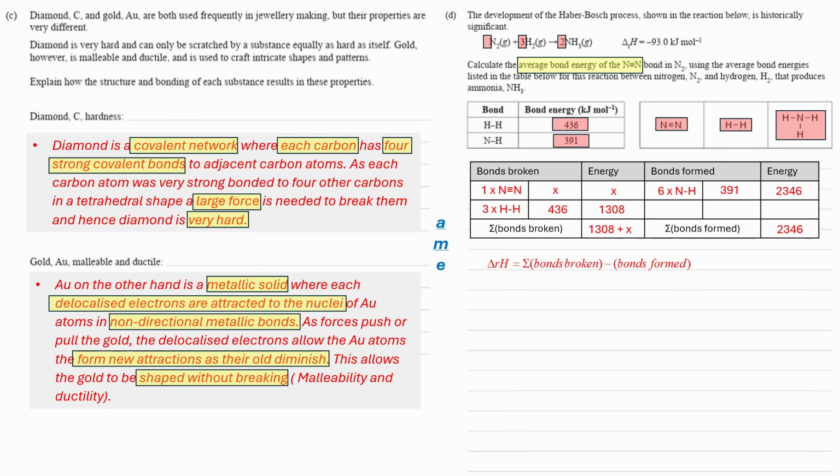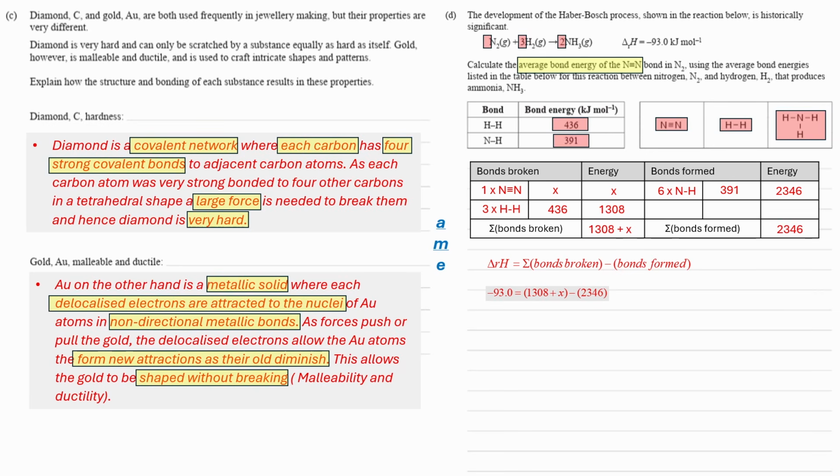This is great because we want to place this into the equation that the enthalpy of the reaction equals the sum of all the bonds broken minus the sum of all the bonds formed. We have the bonds broken on the left hand side here and the bonds formed on the right hand side, and we have delta RH given to us at the top. So we substitute these 3 values into our equation, and we get negative 93 equals 1,308 plus X minus 2,346.